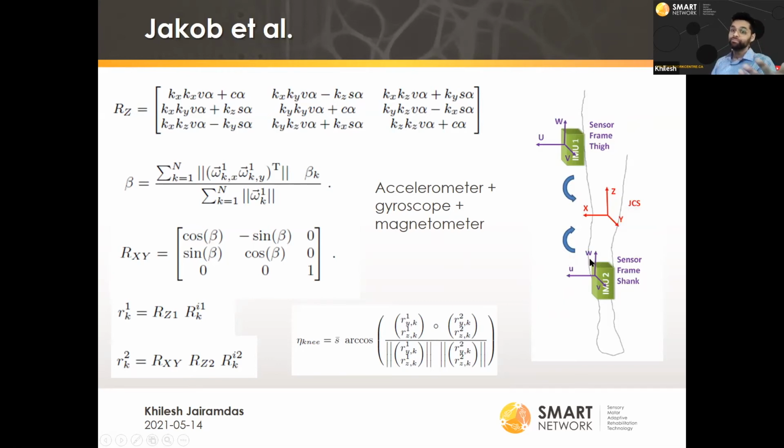And finally, your joint angle is computed as the intersection between the vertical components of the orientation of both IMUs. So this is a bit more of an involved processing thing compared to the quaternions, which was just one step of math.